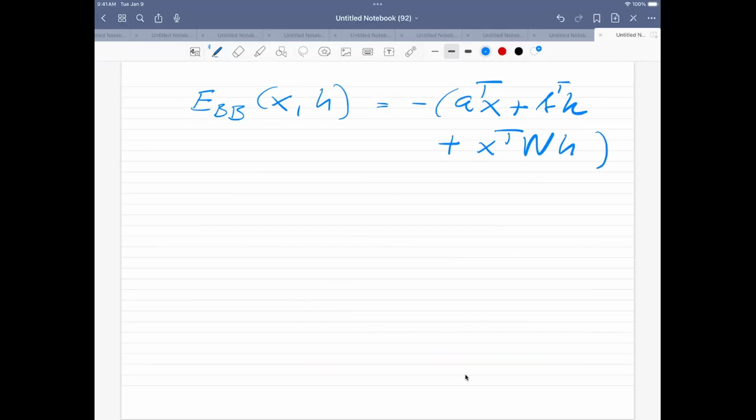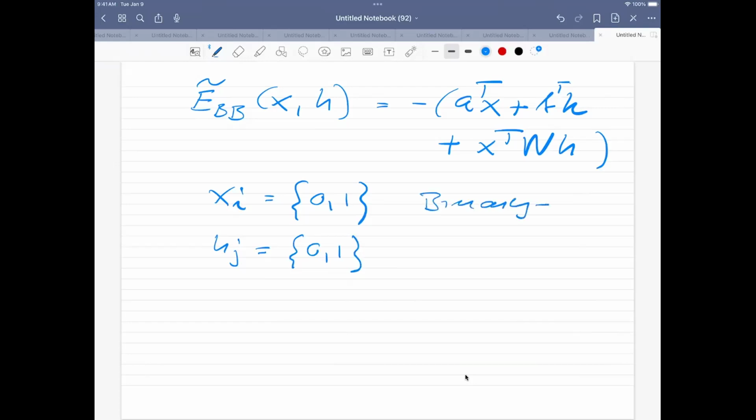Keep in mind that this E tilde is not the energy of the system, so I'm putting a tilde on top of it. This is a binary model where x of i can take a value of 0 and 1 only, and h of j can take values 0 and 1. So this is a binary model. Now, in our case, we are going to replace the binary with a Gaussian binary.